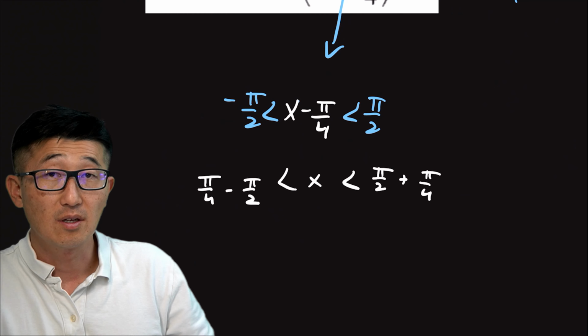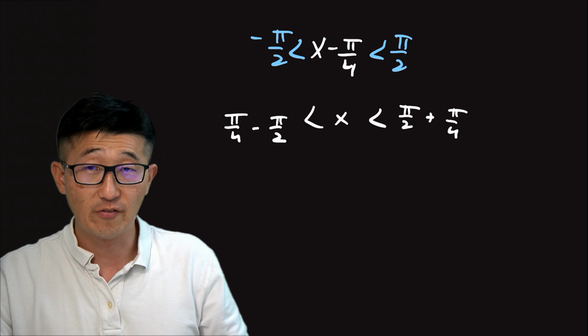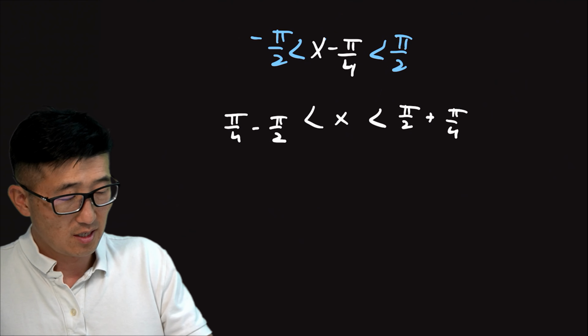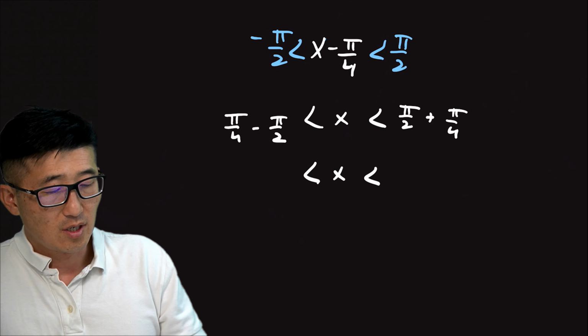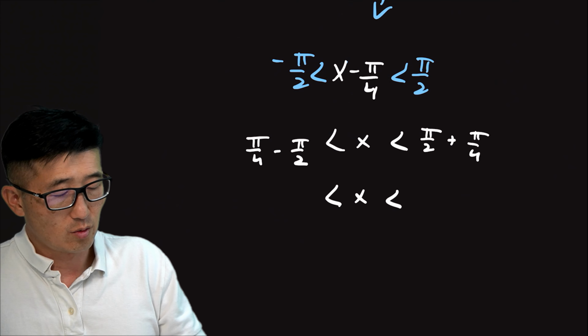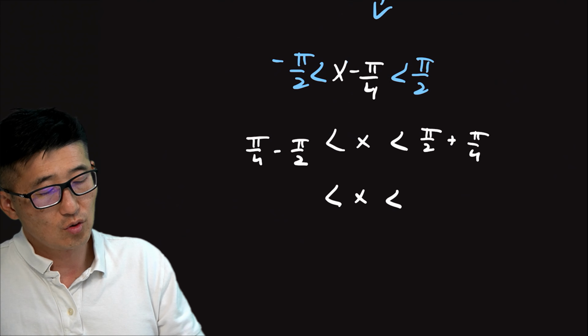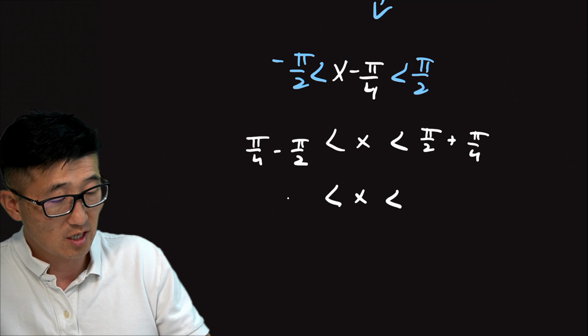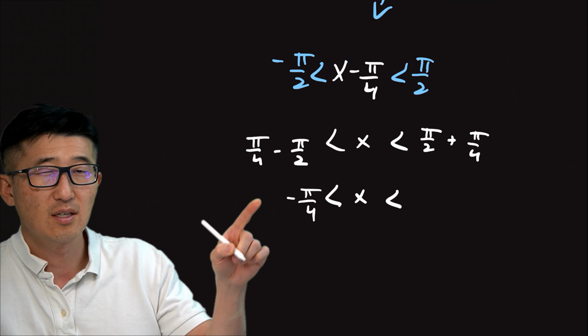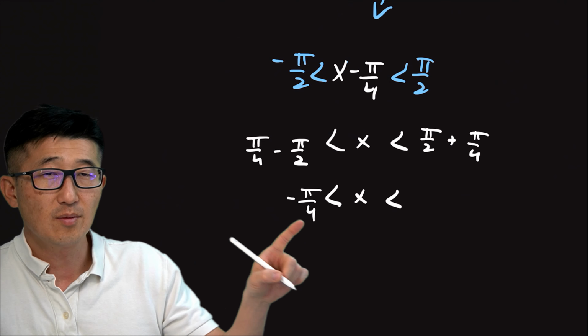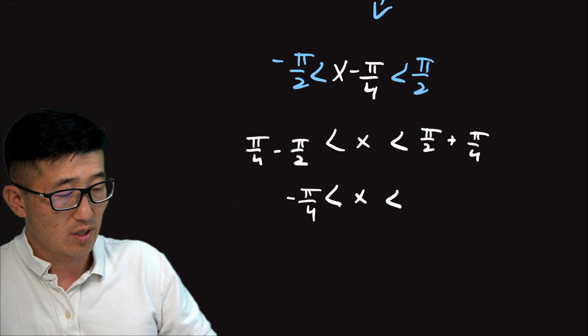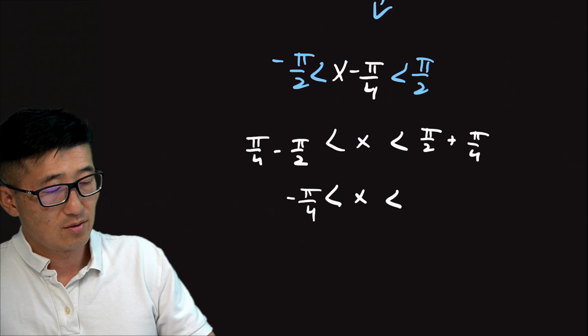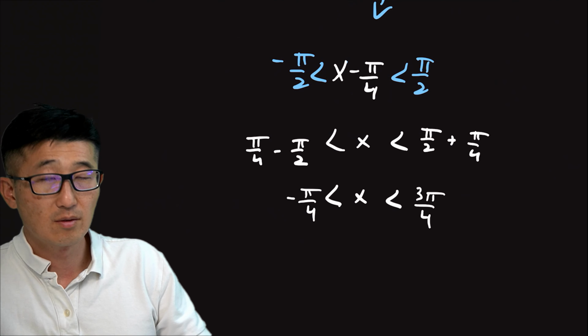See it? Now, you just have to suffer through a bit of a fraction here, and you're pretty much done. So on the left side, what would you get? 2 pi over 4, so pi minus 2 pi over 4 will be negative pi over 4. Okay, do you get that? Yes, negative pi over 4. And then on the right, you'll get 3 pi over 4.